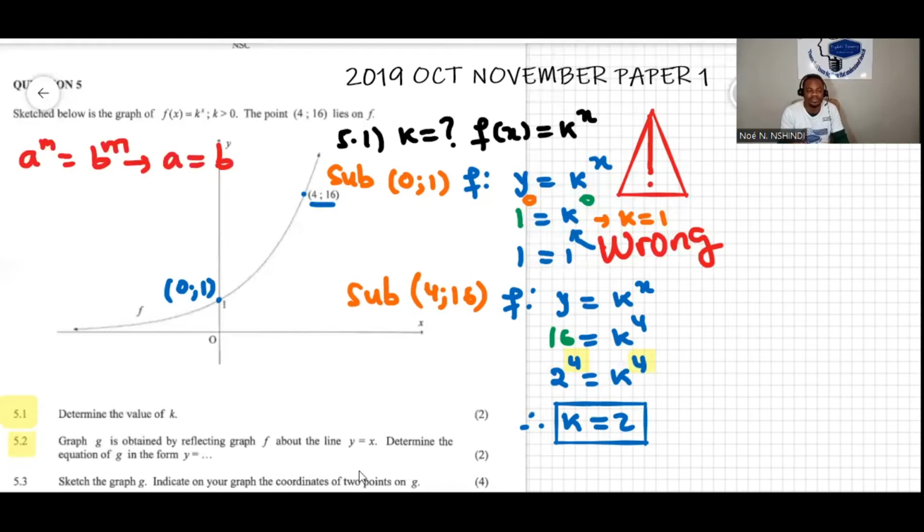Determine the equation of g in the form y equal to. Well, I want you to notice that this statement, reflecting about the line y equal x, simply means that g is the inverse of f.